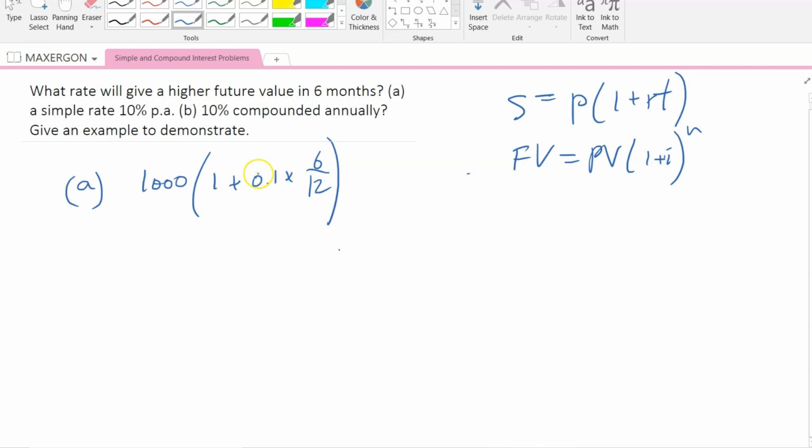So the rate per year is 10% here, and the number of years is 0.5 or 6 over 12. That's, of course, 1050. B is 1000, 1 plus 0.1, and here we have to take exponent 0.5, which is also half year.